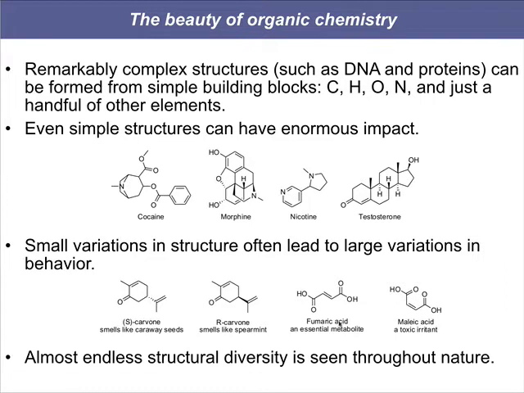Very different molecules. Fumaric acid is an essential metabolite. It's basically a vitamin, and maleic acid is a toxic irritant. So again, small variations in structure can lead to large variation in behavior. Again, it's the details that matter. If you just ignore that bond, you'd say that these molecules are the same, but they're not.